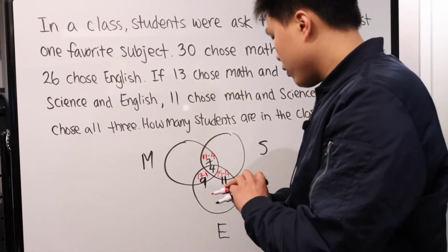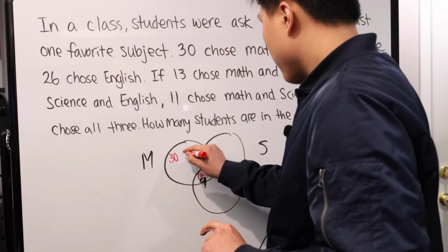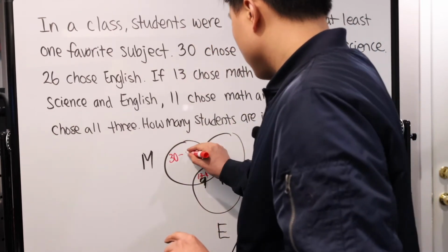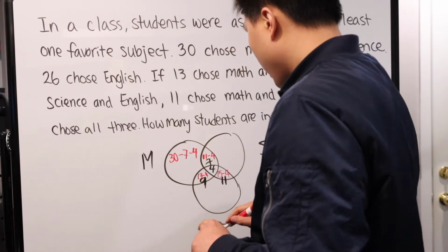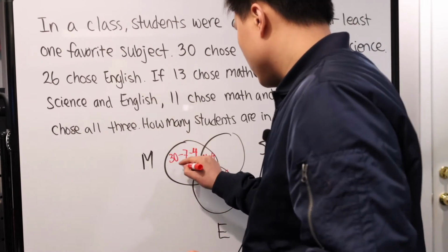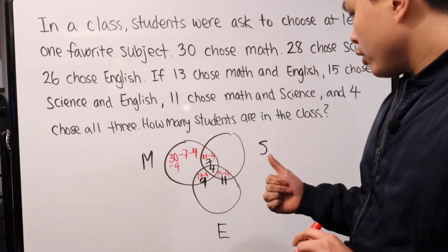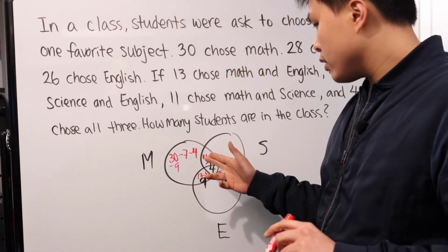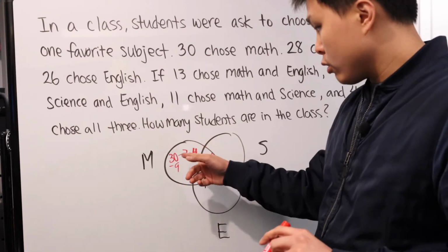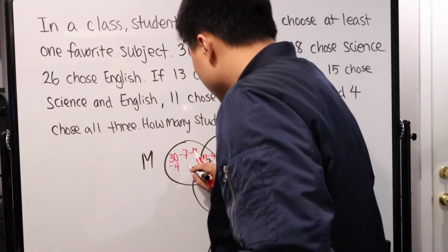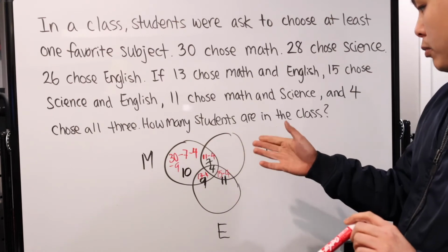So we have technically 30, which is the total, minus 7 who chose math and science, 4 who chose all 3, and 9 who chose math and English. So we have to subtract that as well. It's going to be 30 minus 7 minus 4 minus 9, which is minus 20 total. So in this case, there's only going to be 10. Hopefully I did that math correct. Okay, cool.